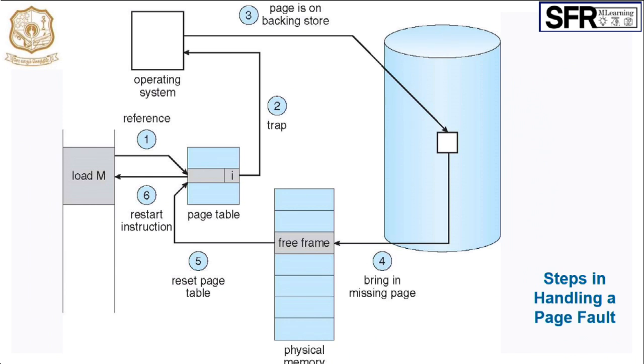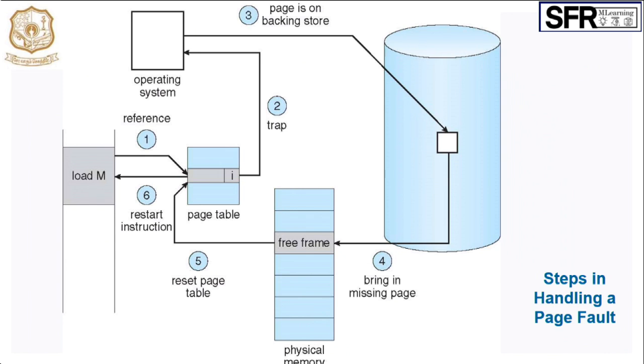The OS checks the backing store, that is the secondary storage, whether the particular page is present or not. If it is present, it brings it into the main memory, and with this step 4 is over, and it checks for any free frame and occupies that frame.